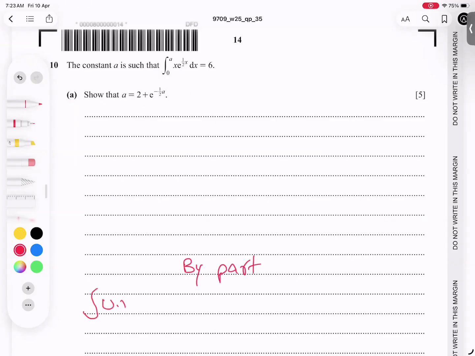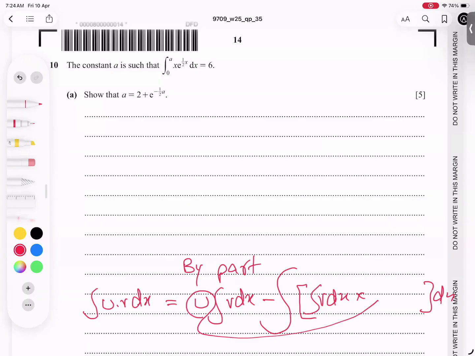U and V: U copy V integration, minus a big sign of integral, and then dx here. Again, V integration I must write, times the differentiation of the U function. I hope the formula is very clear.